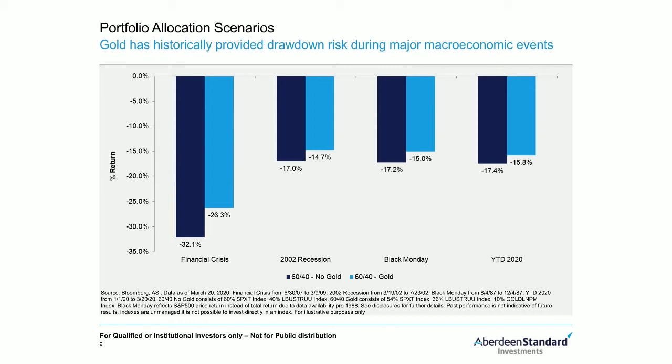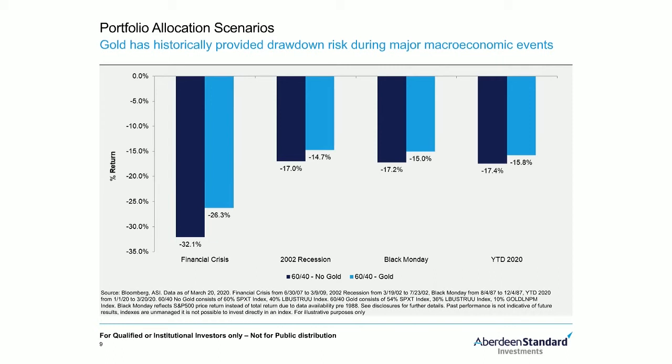So this just takes a look at that standard 60-40 portfolio. What happens if you add a little bit of gold to the portfolio? And obviously, we're supporters of gold from a product standpoint, but when clients ask us what the right percentage allocation to gold or precious metals in a portfolio is, our answer is, it depends on a host of different things.